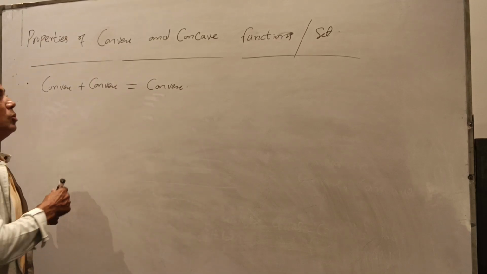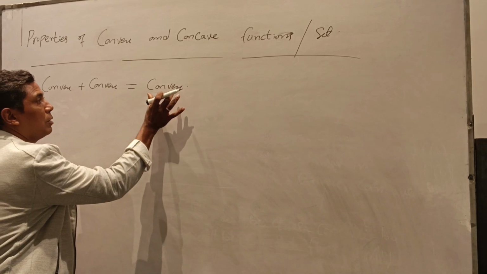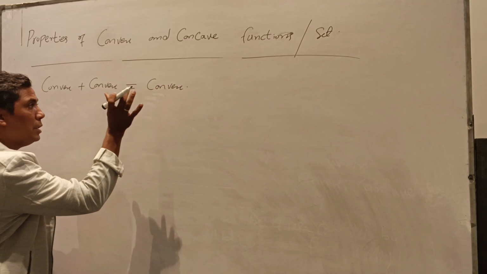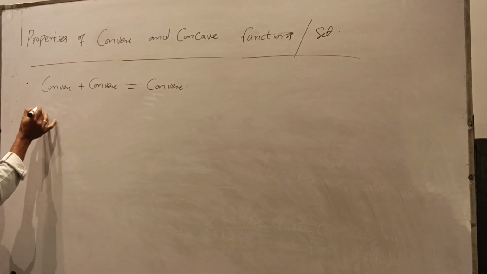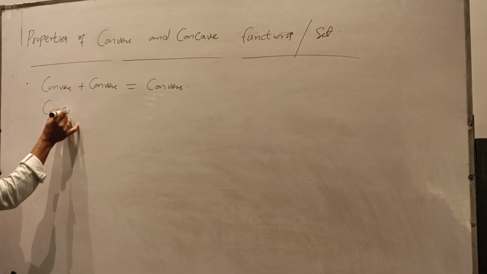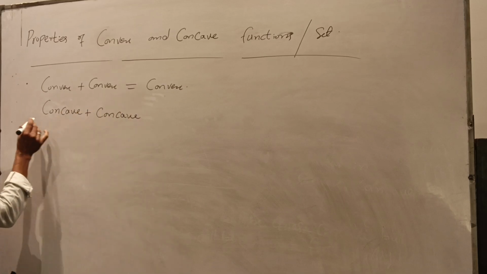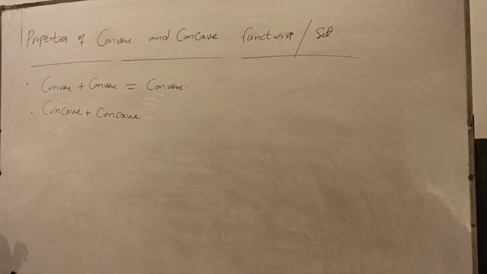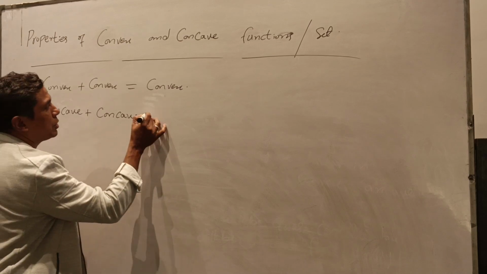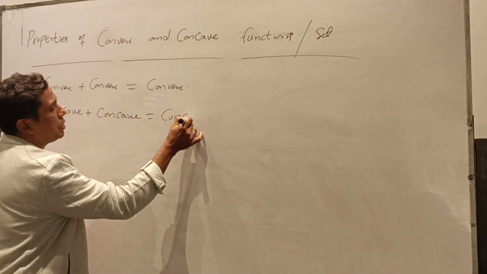Okay, so the nature of the function should not be changed. Now the second case is when you have the concave and concave. What does it mean? Simultaneously two revenues, functions of two revenues, so the nature of the function should not change.